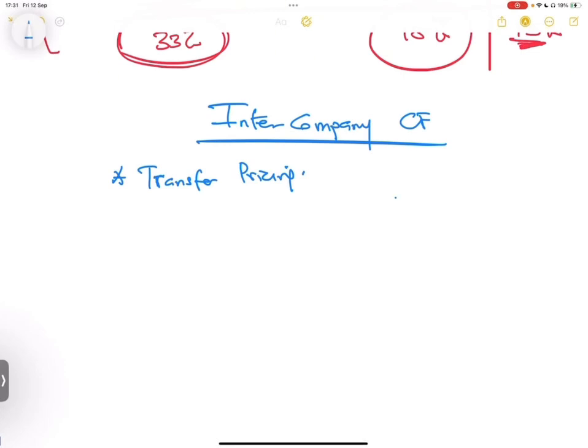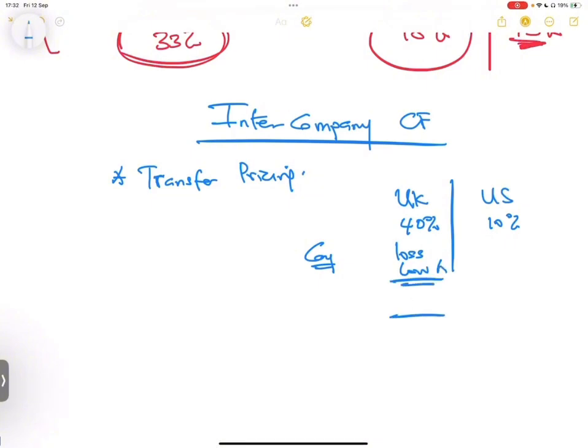Take for instance, if you have a UK and a US, and the tax rate is 40% in the UK and 10% in the US, you know what companies try to do? Companies would prefer to make a loss or low profit here, such that the tax they will pay will be very low. For all their profit, they will shift it there, because with high profit at 10%, the tax will also be low. So you can see in both instances, they have low tax.